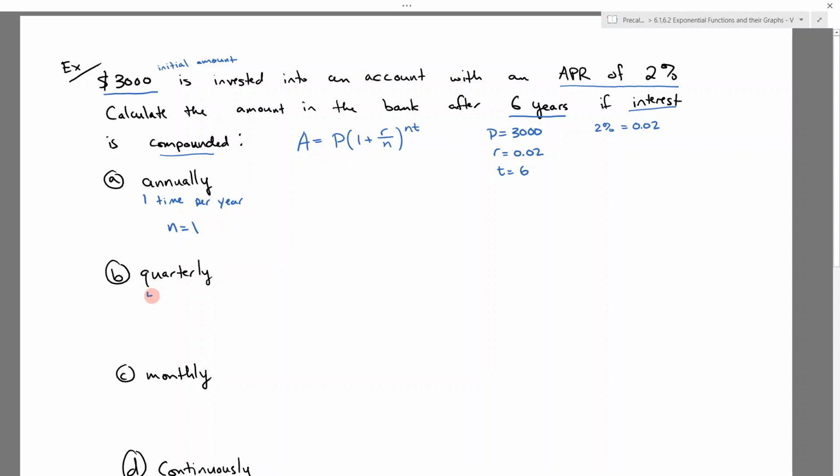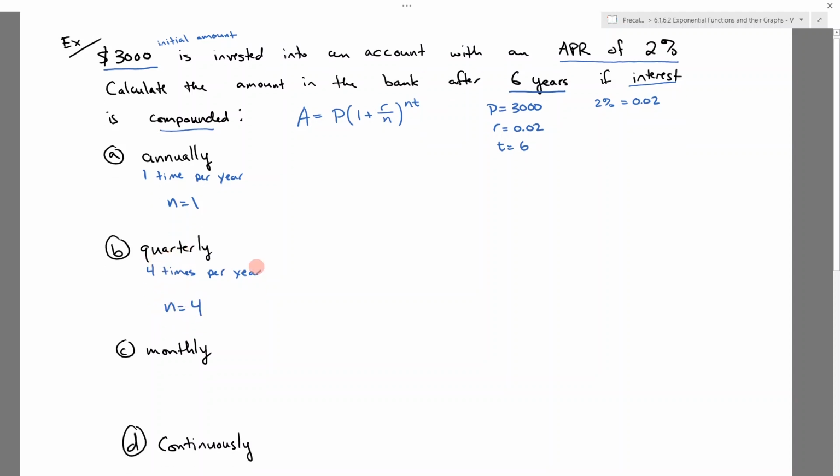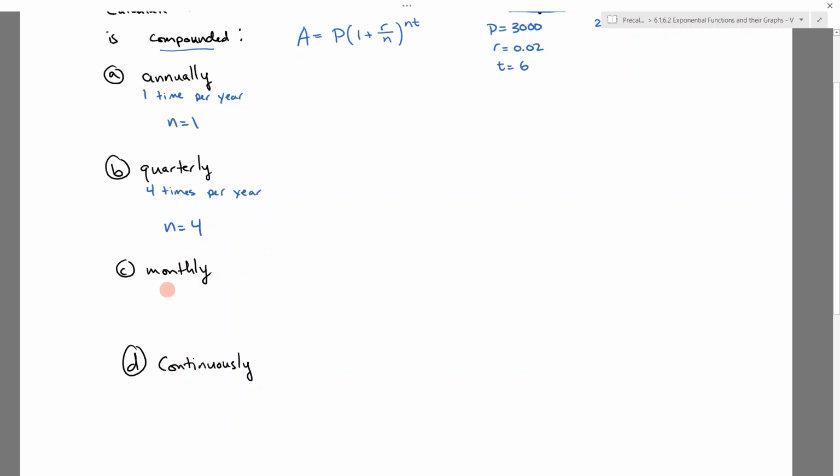Quarterly means 4 times per year, because there's 4 quarters in a whole, so N is equal to 4. Monthly: there's 12 months in a year, so N is equal to 12 here.